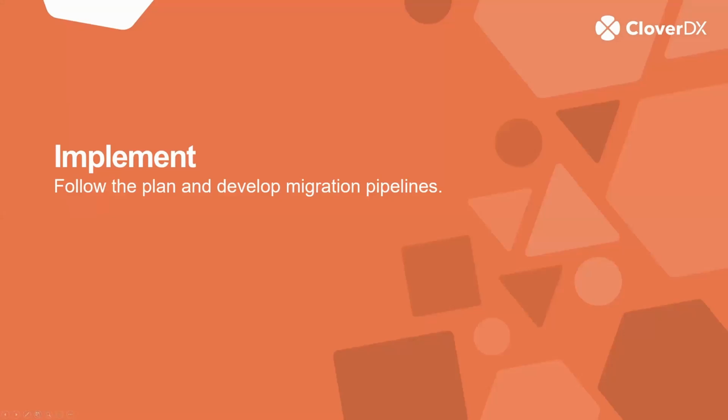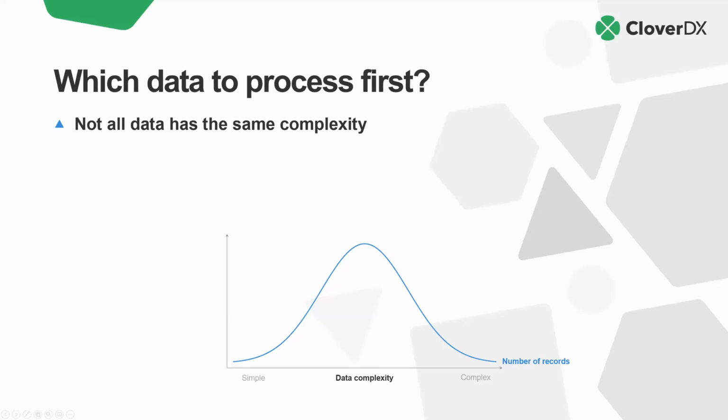Now we have everything planned and everything is nice. We are ready to implement. So we should now follow the plan that we prepared, and we should develop the migration pipelines. Definitely, what we should start with is basically the data itself. Here you can see a Gaussian distribution where you can see that probably the most data will be somewhere over here.